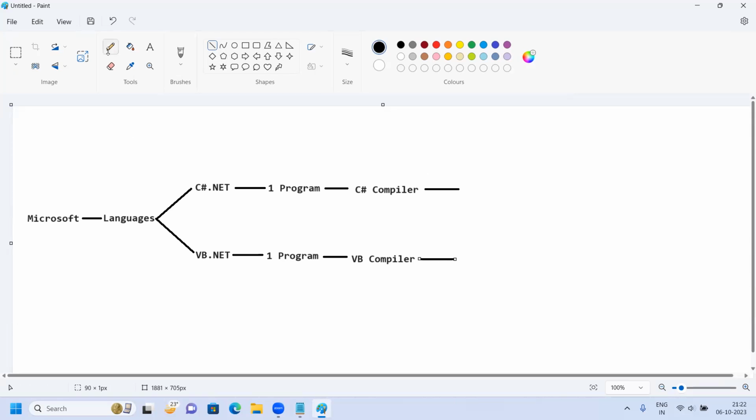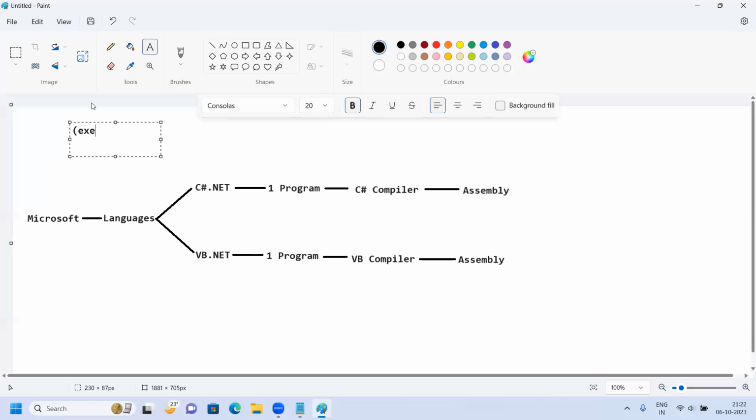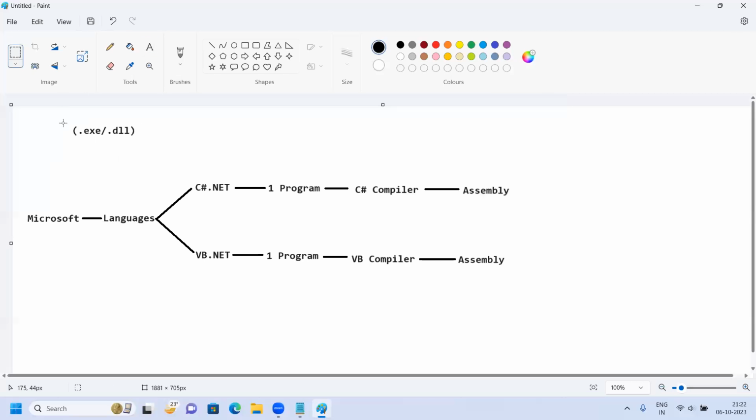Both compilers generate their respective assembly, that is an .exe file or .dll. Both of them have their own assemblies: the C# assembly and the VB.NET assembly. This is an assembly, and this is also an assembly.